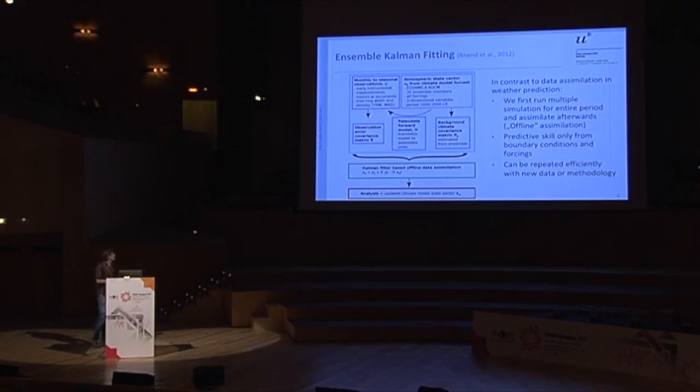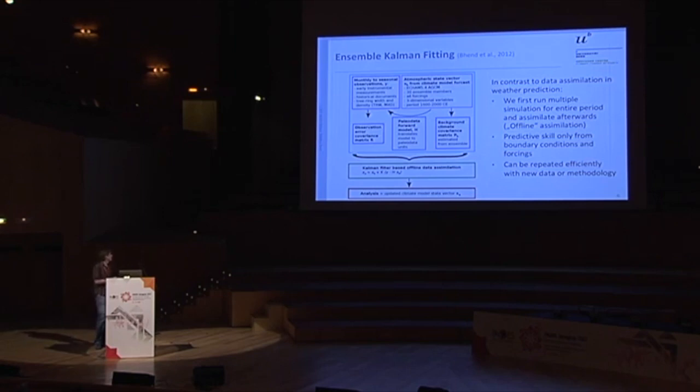And then we need some covariance matrices that we can calculate from our model ensemble to spread this information in space. For the observations, we also need some error estimates to know how much we can trust them.